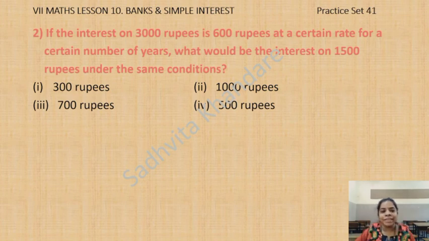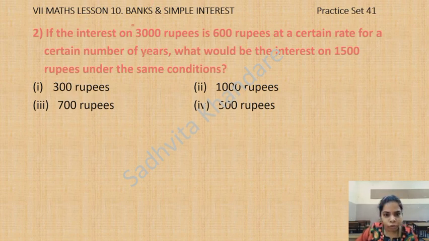Second one. Let's see the next question, children. If the interest on 3,000 rupees is 600 rupees at a certain rate for a certain number of years, what would be the interest on 1,500 rupees under the same conditions? These are the options given to us. See, children, we will try to understand this question carefully.